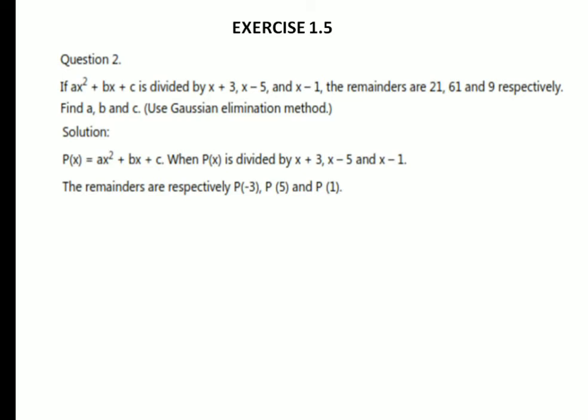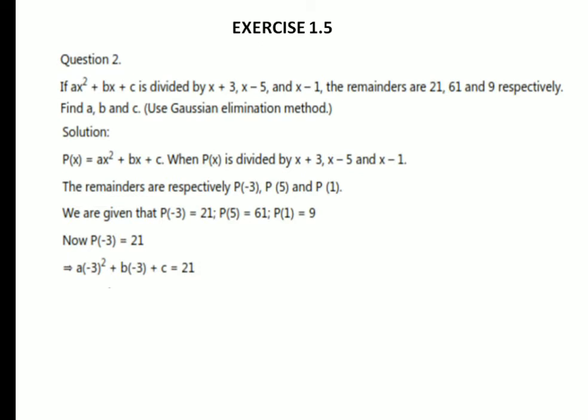When p of x is divided by x plus 3, x minus 5 and x minus 1, the remainders are respectively p of minus 3, p of 5 and p of 1. We are given that p of minus 3 equal to 21, p of 5 equal to 61, p of 1 equal to 9.